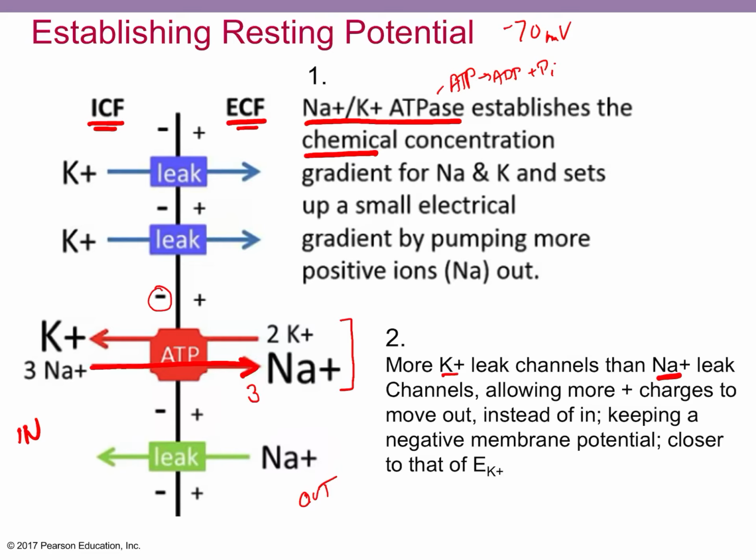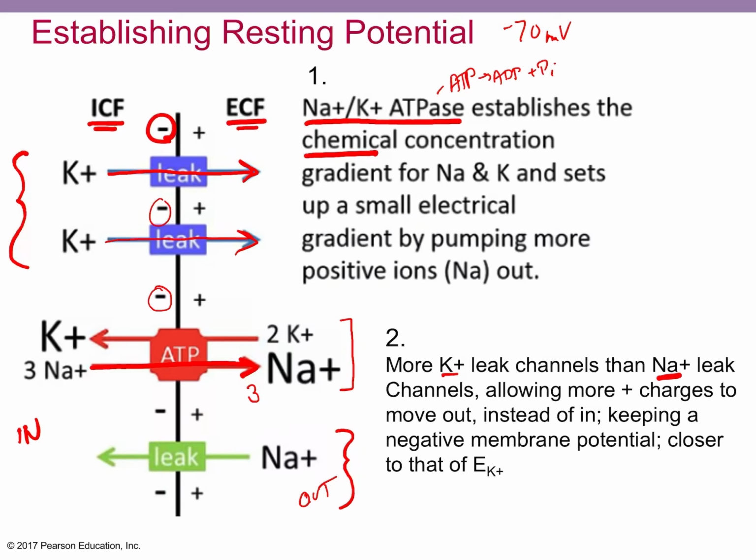The cell actually has more potassium leak channels than sodium leak channels. We can see here 2 potassium leak channels being shown and only 1 sodium leak channel. So we're allowing more positive charges to move out. Potassium wants to move out of the cell, so it leaks outwards, which again leaves us with a negative interior.